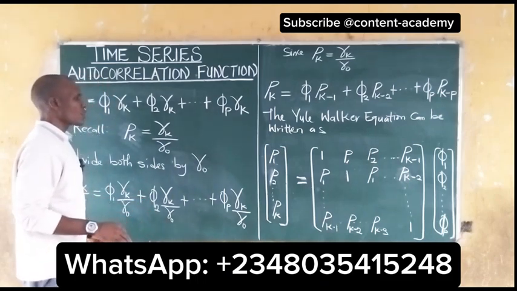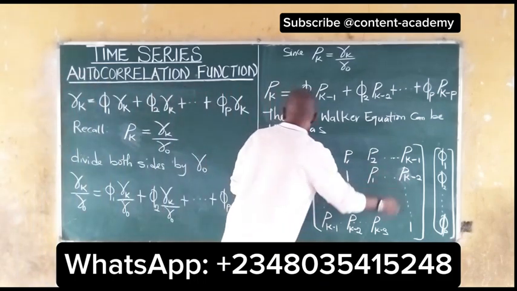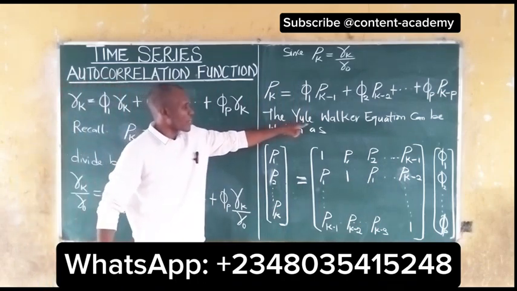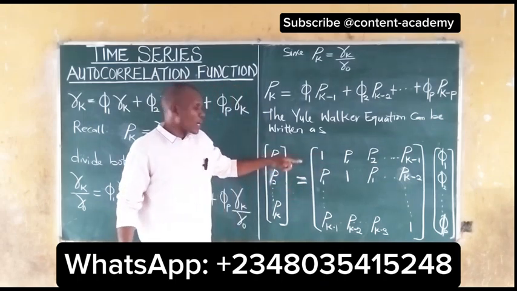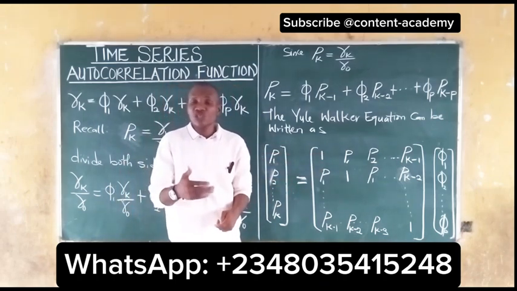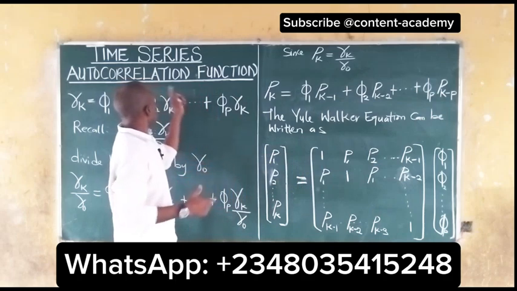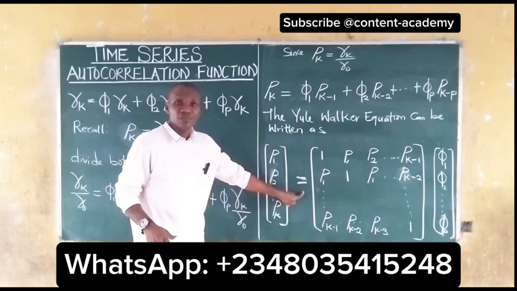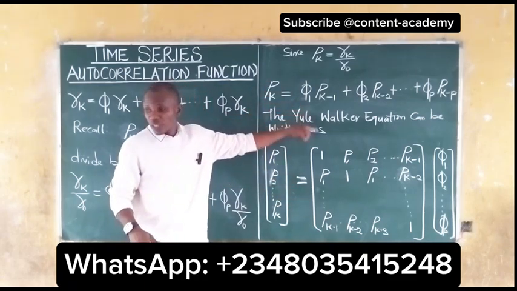We can simply write the whole of this. We want to write our Yule-Walker equation, which is used to explain the autocorrelation function, and it can be written as this if we have gone through all the processes.